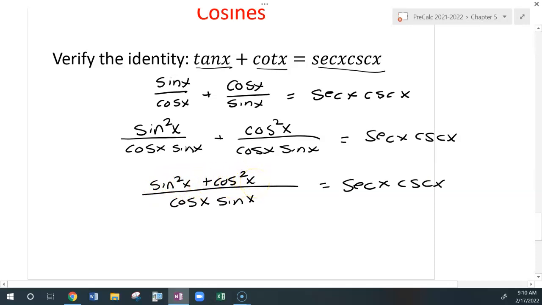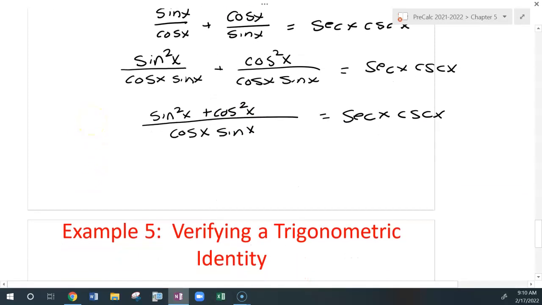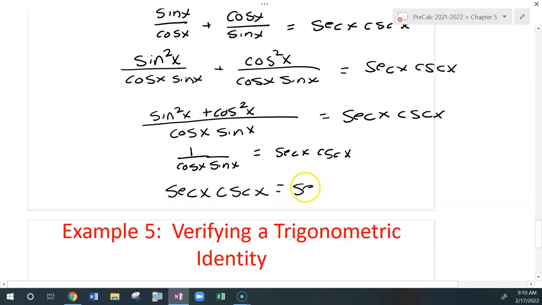Well, that's a trig identity. Sine squared x plus cosine squared x equals 1. So we have 1 over cosine x, sine x equals secant x, cosecant x. Well, check this out. 1 over cosine, that's secant. 1 over sine, that's cosecant. Boom, verified that one.